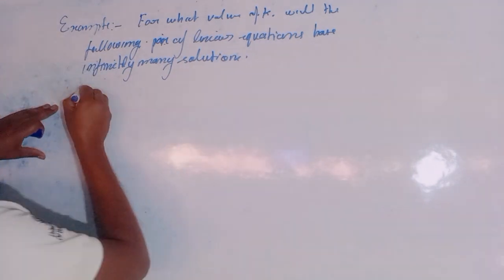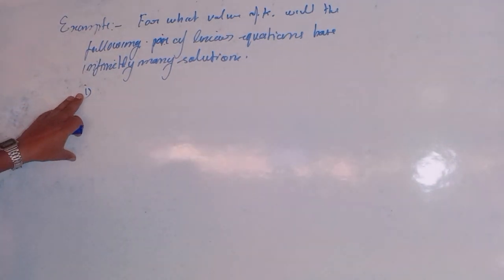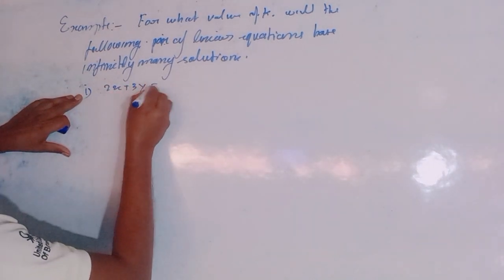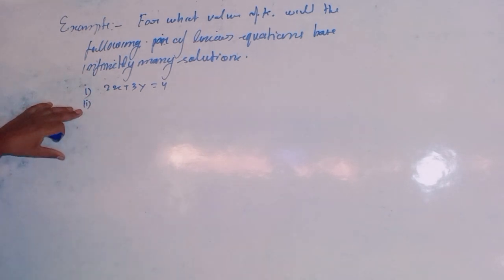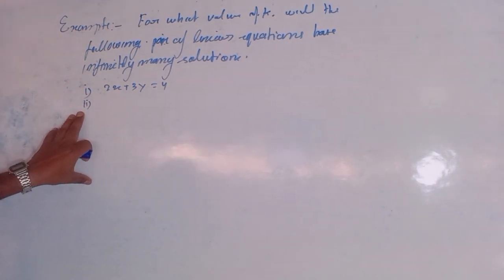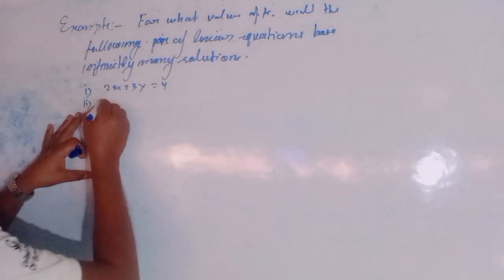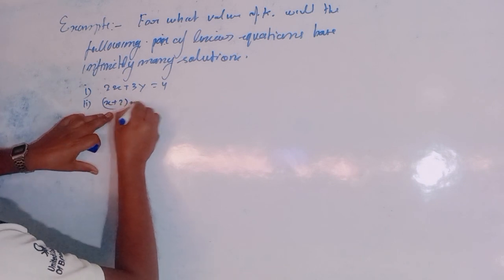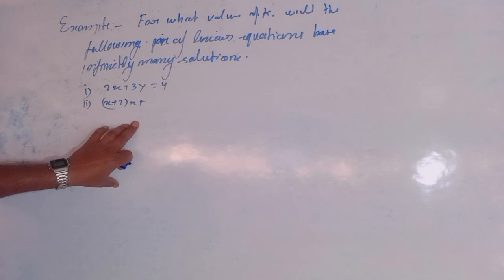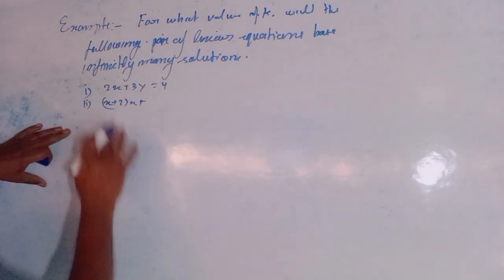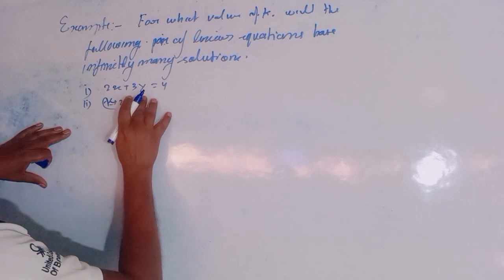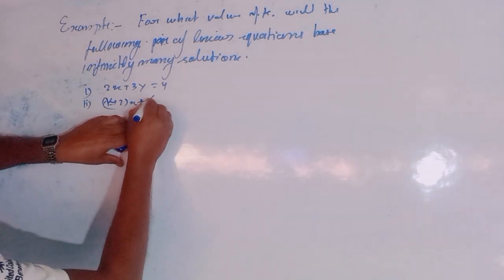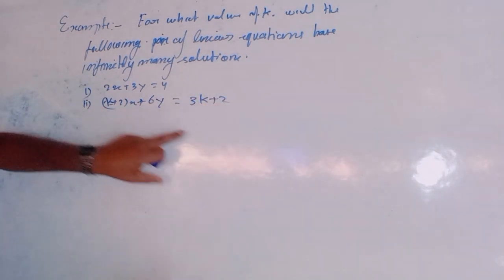Now we will write the equations. First equation is given here: 2x plus 3y is equal to 4. Second equation is given here: (k plus 2)x plus 6y is equal to 3k plus 2.